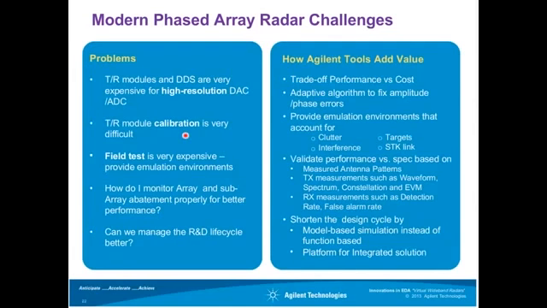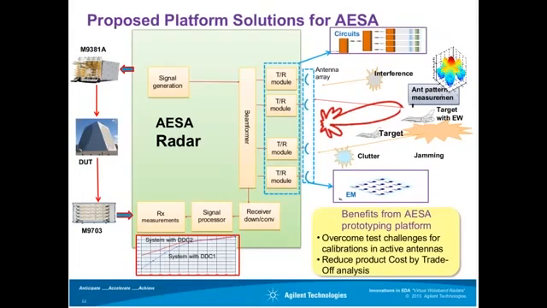And also field test, and how we can arrange a subarray and get the proper beam shape we expect, and how we can reduce the development time. SystemVue provides a number of ways to solve this problem. We will show you later, okay?